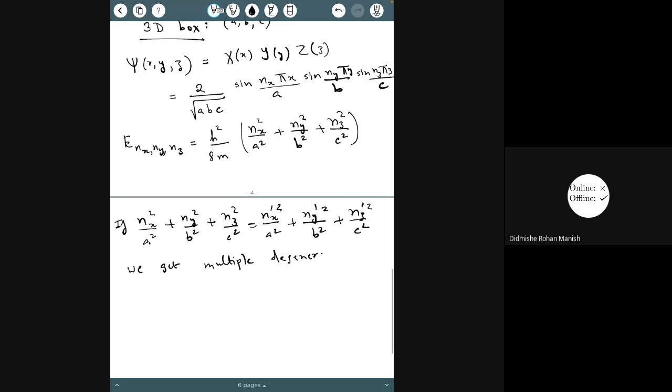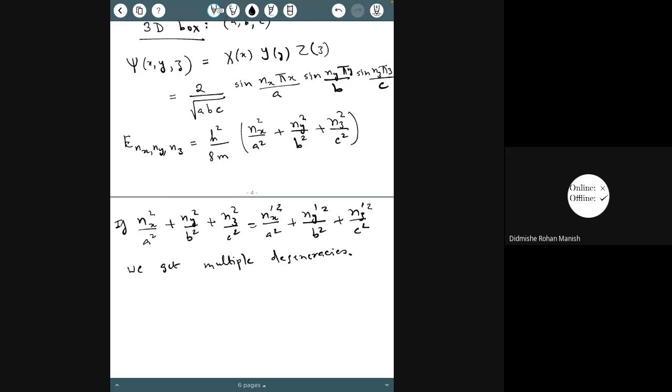And this is a very common question in both interviews and exams, where they give you a cubic box and they tell you to find out the sets of quantum numbers which give you degenerate wave functions.